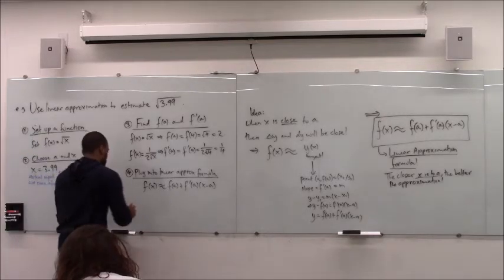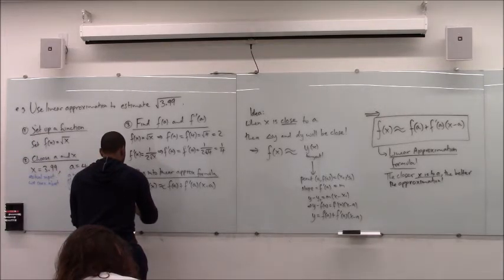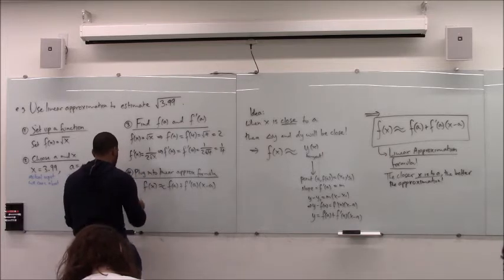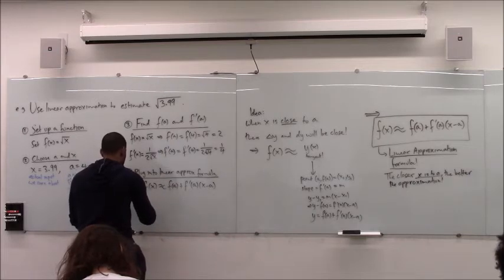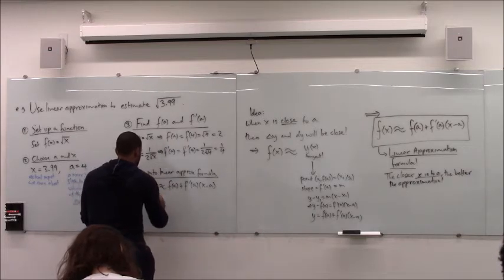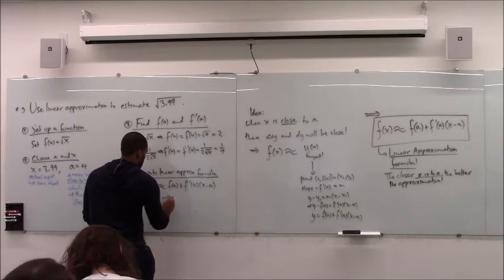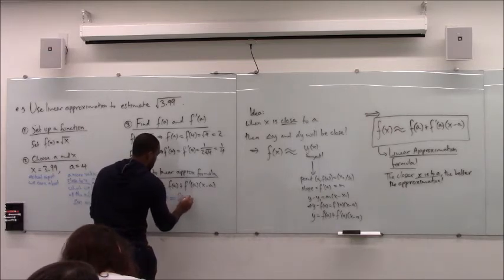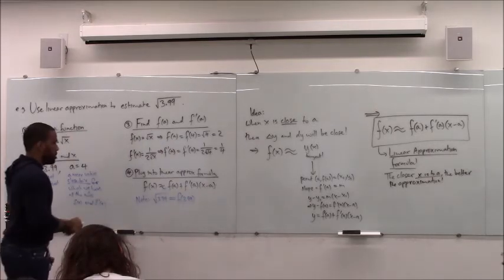Now, and we can note, just to remember what we're doing here, the square root of 3.99 is actually just f evaluated at 3.99. Those two are the same, right?